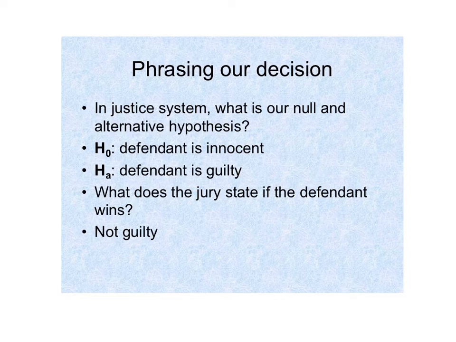They don't say we hereby find the defendant innocent, because they're trying to find evidence. If they don't find enough evidence, we can say for sure he's not guilty, but we don't know if he's completely innocent. Maybe he had a good alibi, but he was still involved somehow. We just couldn't pin it on him.